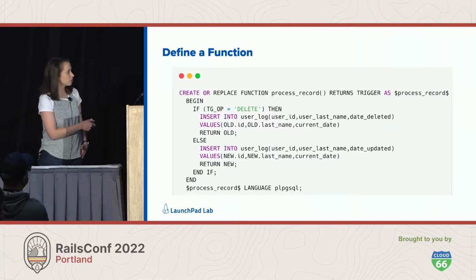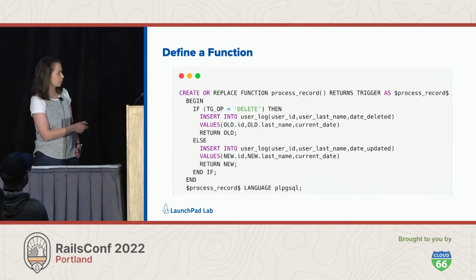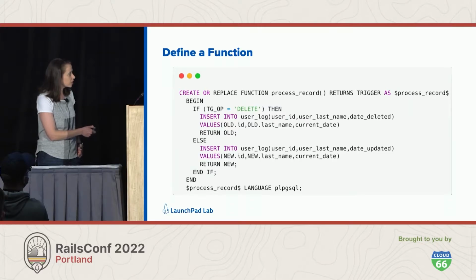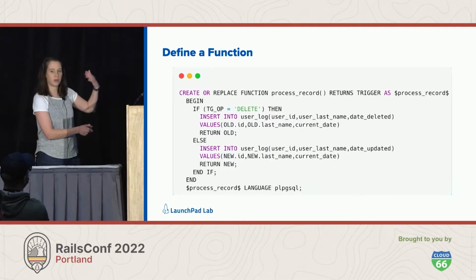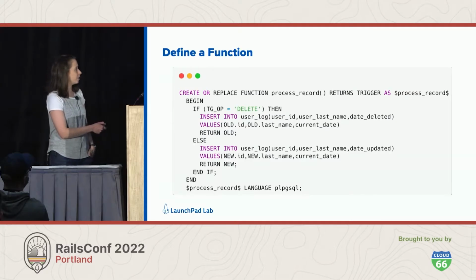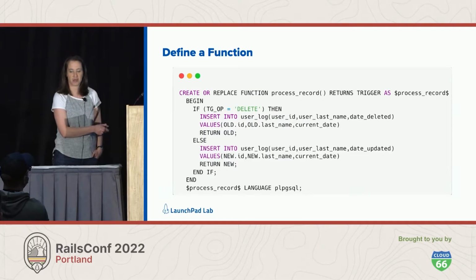You can use conditionals, of course, and you can do all sorts of things. This particular example is simple, but you can even do more with the database. You don't have to just kick off another service. You can actually do things to the database right at that time. You can insert some information into a table, and here's an example with the old ID. This user got deleted, but maybe we have an audit table of users that got deleted, and you want to capture that ID and some of that information for posterity.